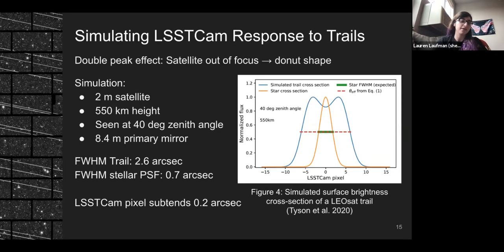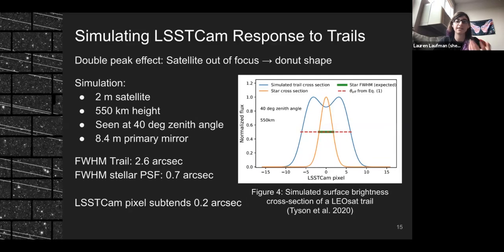Now, a star itself, if you just have a point and it gets spread out a little because of the atmosphere, would only be 0.7 arcseconds. So what this means is that your satellite trail is like 3 times, actually almost 4 times as wide as a single star. At that point, you can't really just subtract the trail from a star.